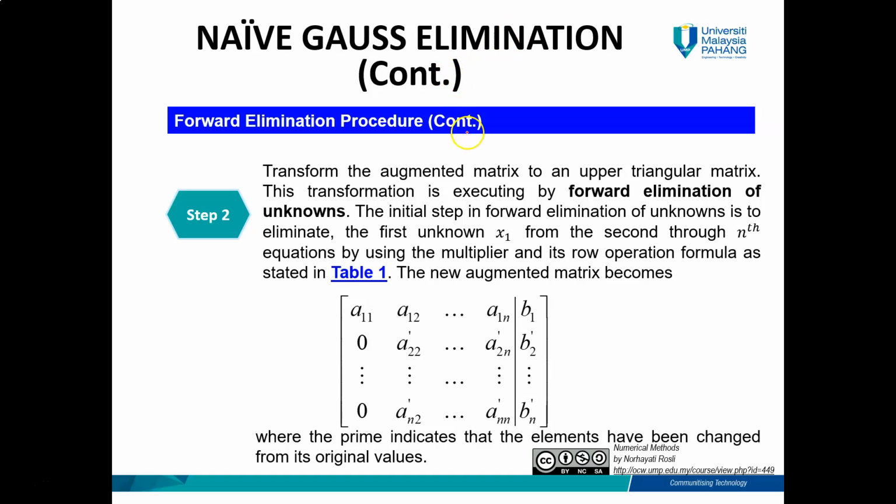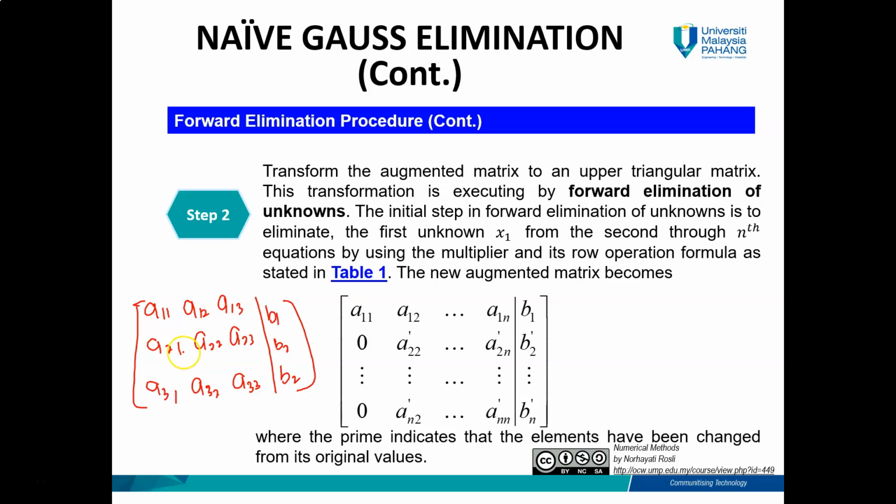And then once we get the augmented matrix, we need to execute forward elimination of unknowns so that you can see here you will get the upper triangular matrix. But how to do this? Previously we have, for example, a 3 by 3 matrix, with initially A11, A12, A13, A21, A22, A23, A31, A32, and then A33, and then we have B1, B2, B3.